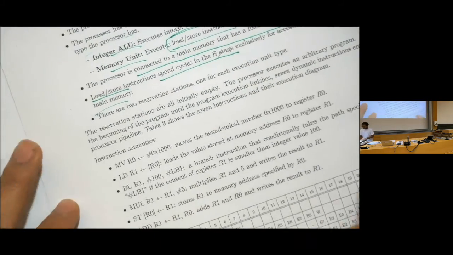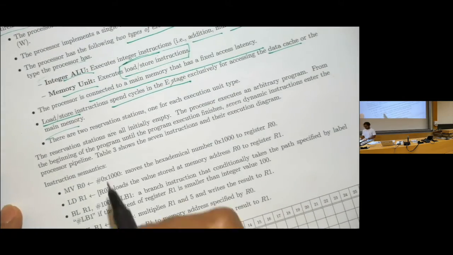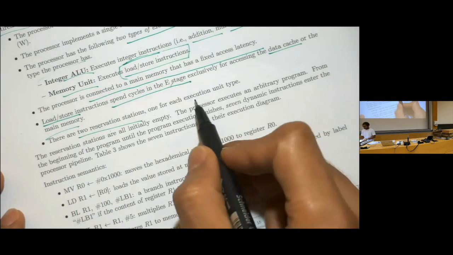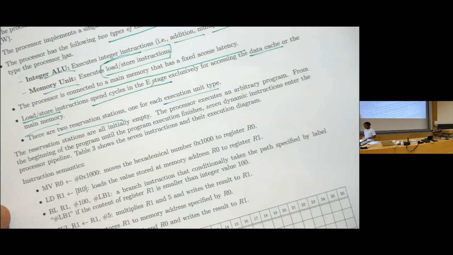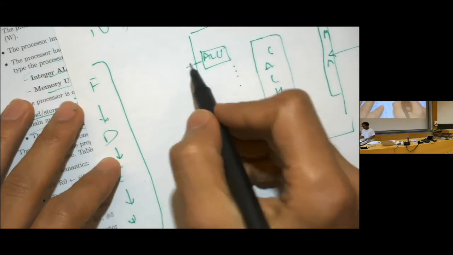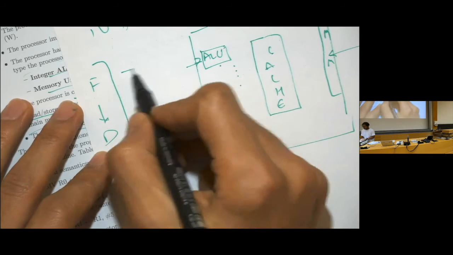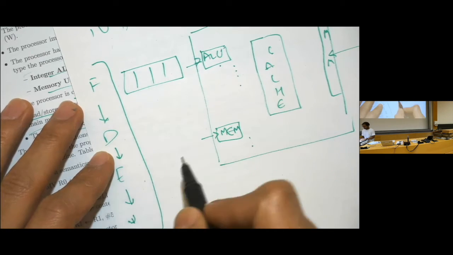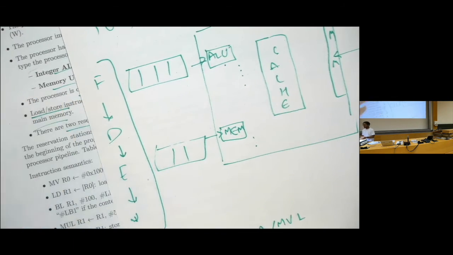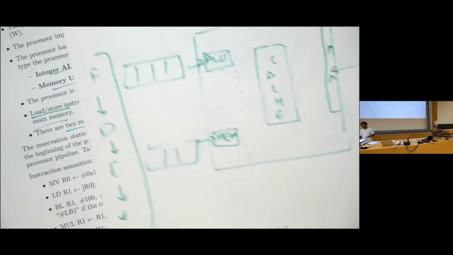Okay. And finally, the question tells us there are 2 reservation stations, one for each execution unit type. Let's draw the reservation stations. This is the execution unit, ALU and memory, and this is the reservation station. The reservation station reserves the instructions before they're scheduled for execution, okay?